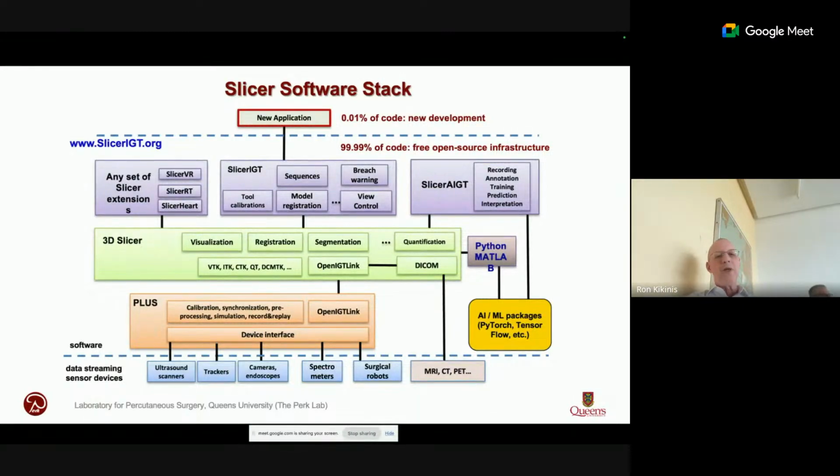This slide I got actually from Gabor. The point is that 99% of the code is already there. So if you want to do an extension, you just have to do the small part that is not there. Everything else you get for free.